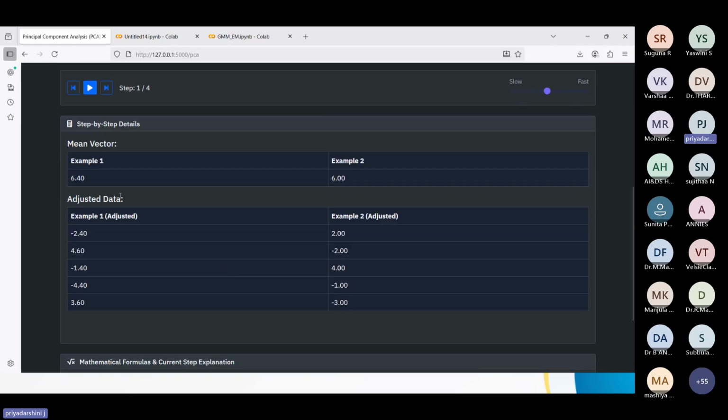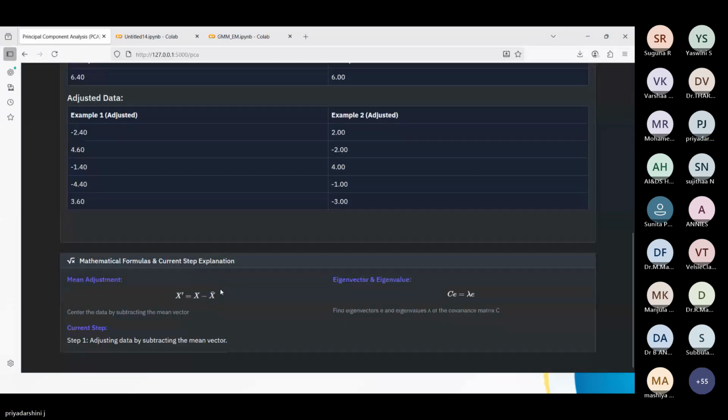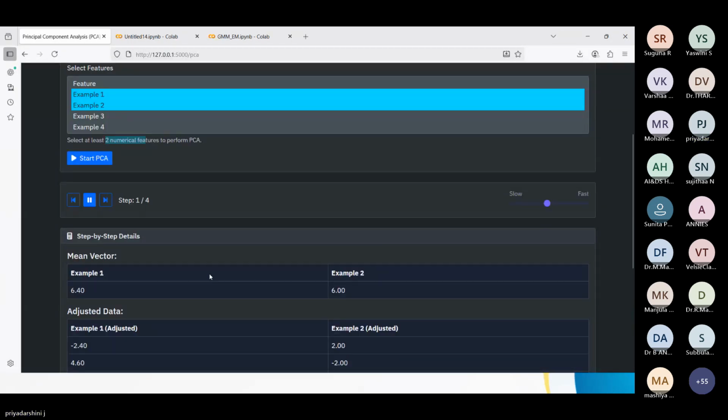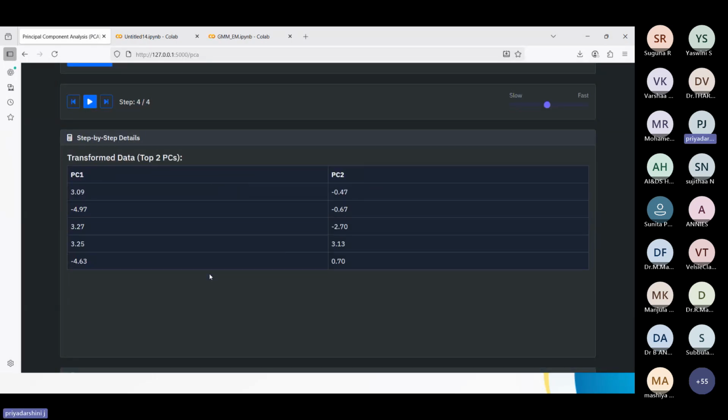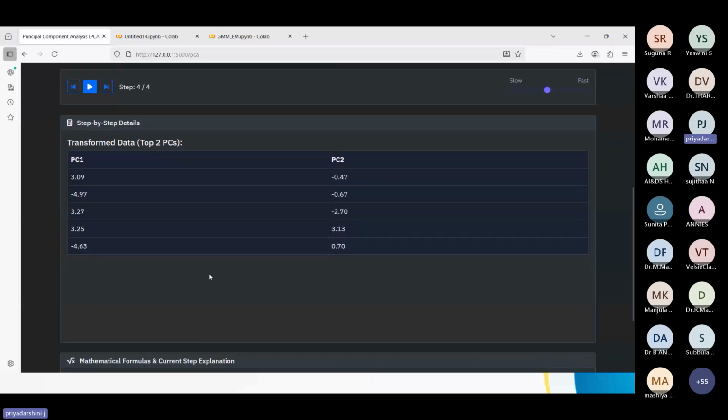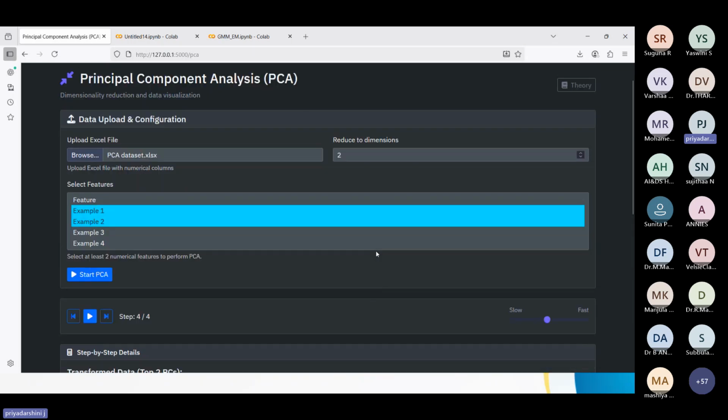You can see example 1, example 2, the values. The covariance matrix is found and the data is transformed. From the 2 dimensional values, I'm able to get PC1 and PC2, which are just single dimensional values. So this is about PCA, that is principal component analysis.